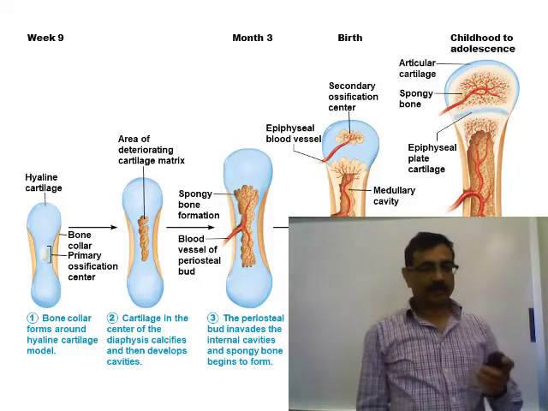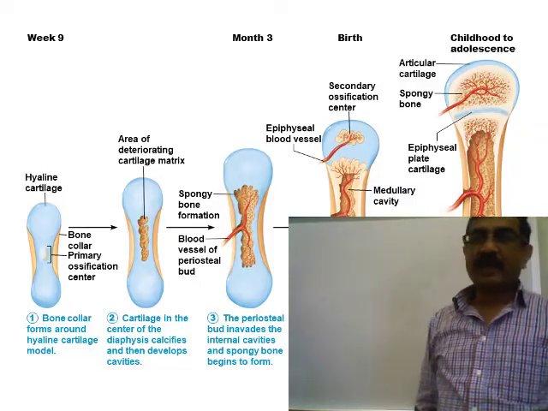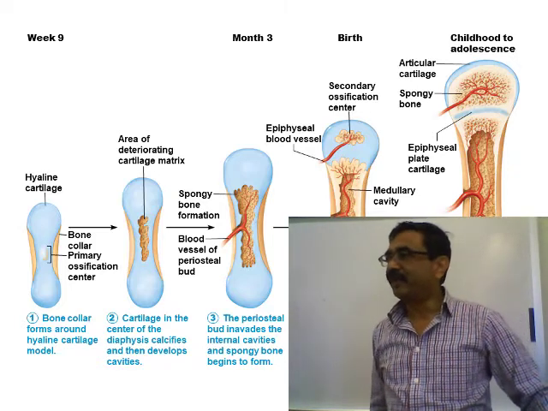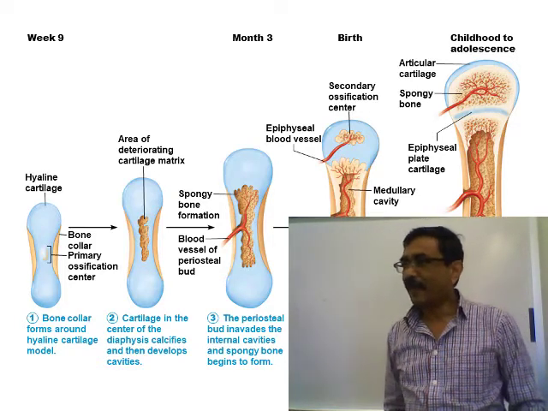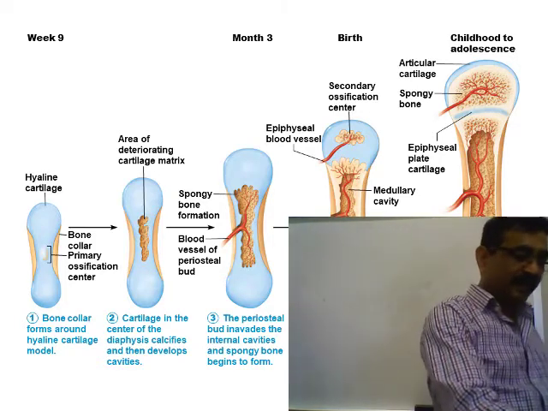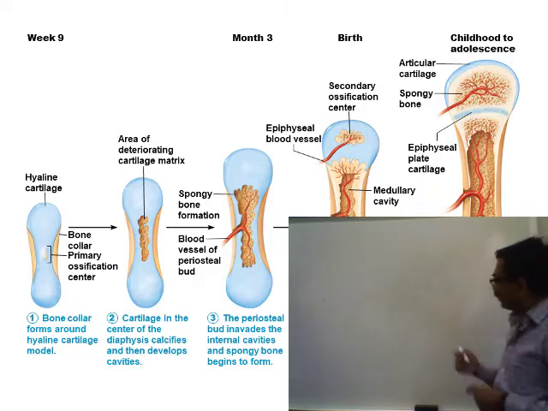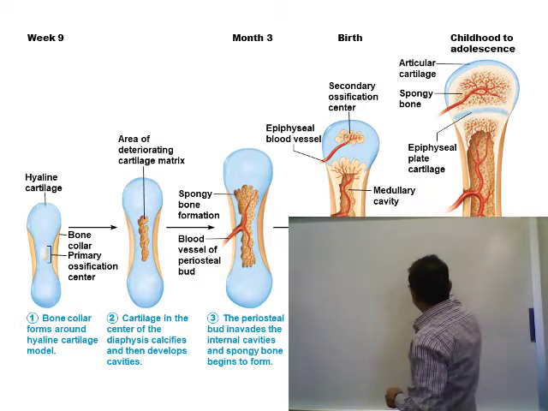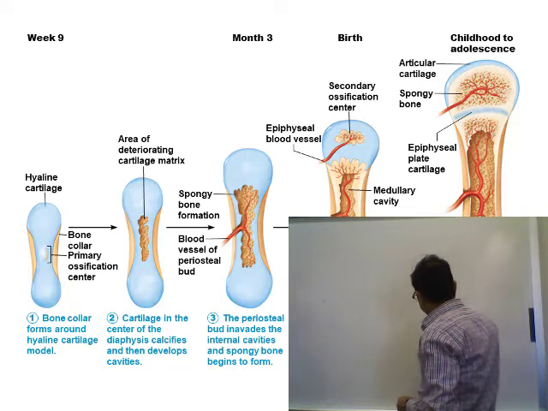Blood supply to a long bone. A long bone has 3 sets of blood vessels. How many sets? 3 sets. So again, this is the long bone.